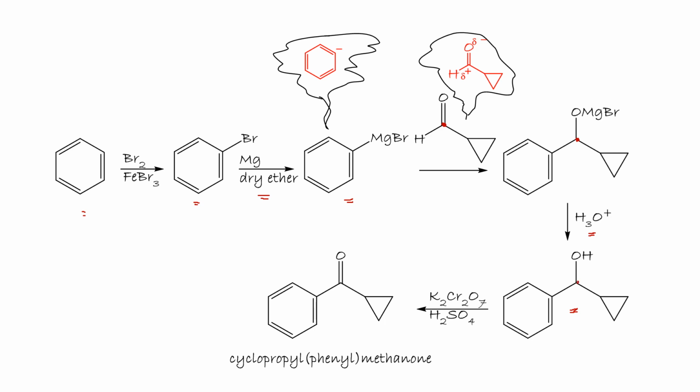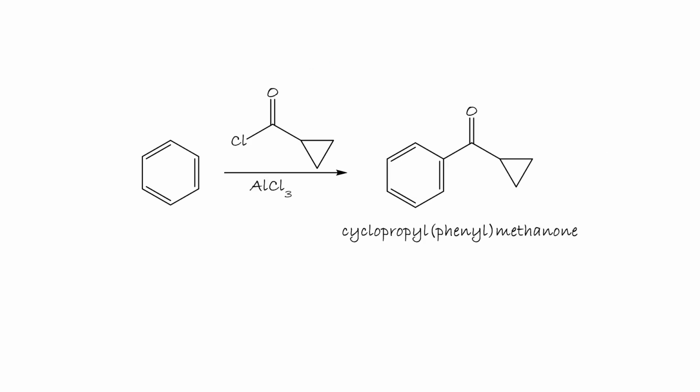The secondary alcohol you oxidize with chromic acid to get cyclopropyl phenyl methanone, or you can say cyclopropyl phenyl ketone. We can get the compound by reacting benzene with this acyl chloride in the presence of aluminum chloride, Friedel-Crafts acylation.